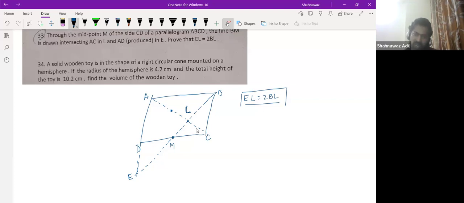And we know that, what do we know? Let's say in triangle EAB, right? In triangle EAB, what do we have? DM is parallel to AB, right?